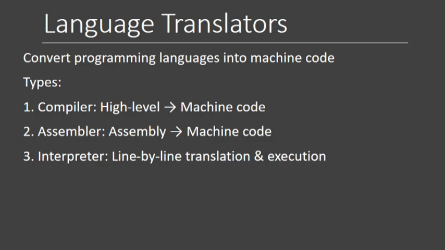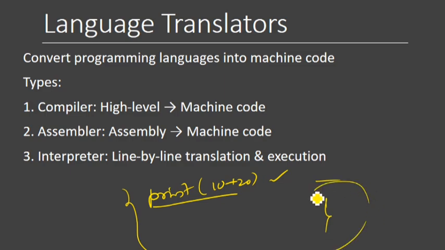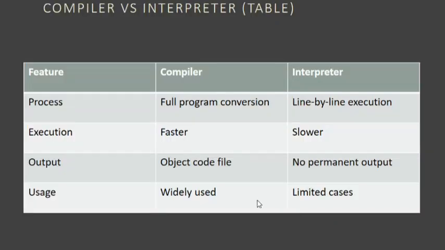Whereas in Python, once you write one instruction, for example print 10 plus 20, it immediately compiles and executes. You need not write the complete program at a time. In C, the total program is compiled at a time, then executed. In Python, line by line compilation and line by line execution is done.